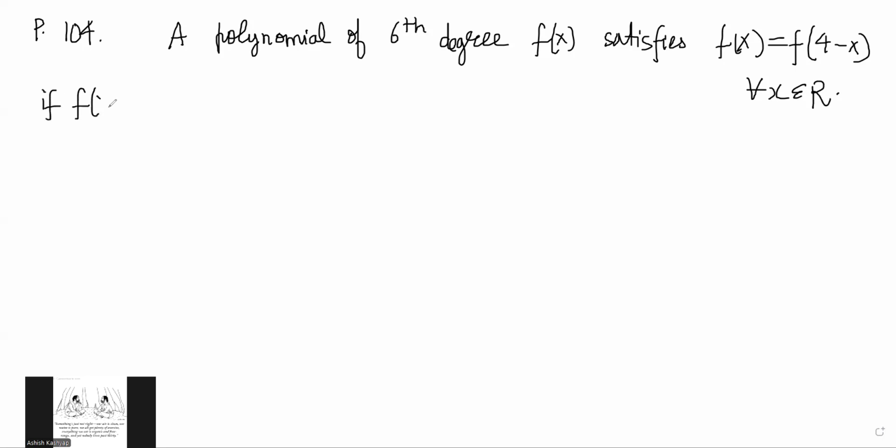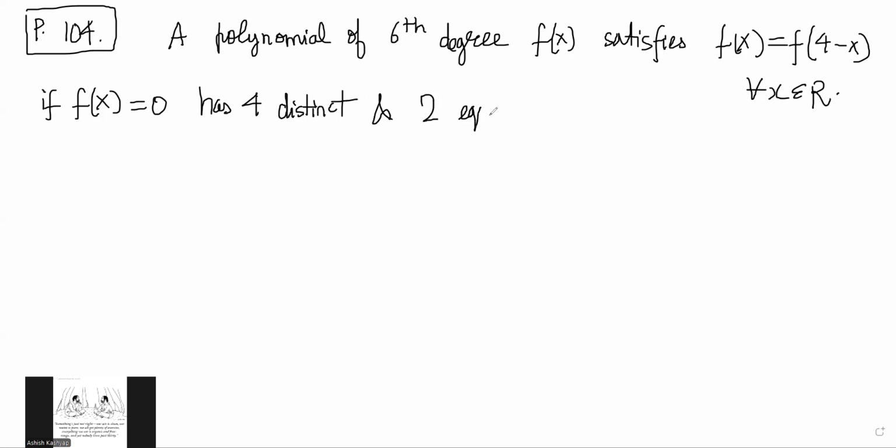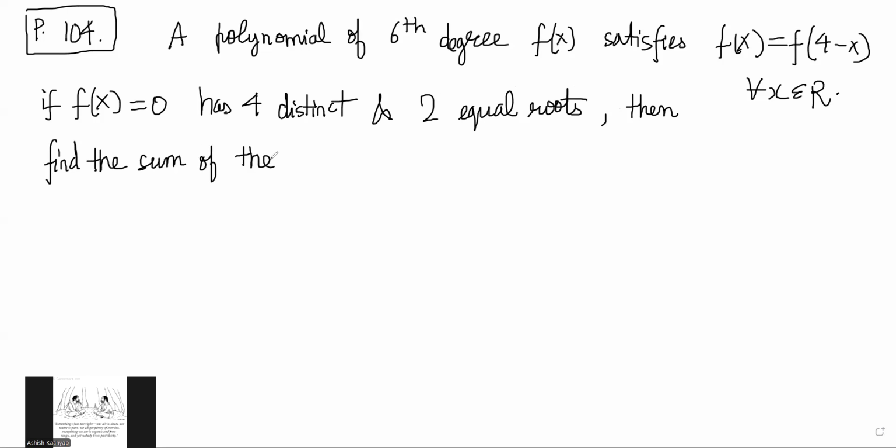If f of x is equal to 0 has 4 distinct and 2 equal roots, then find the sum of roots of f of x. Find the sum of the roots of f of x.